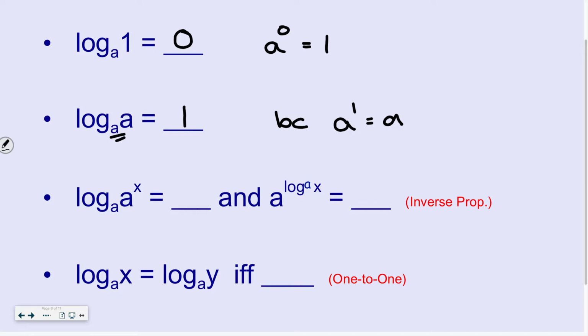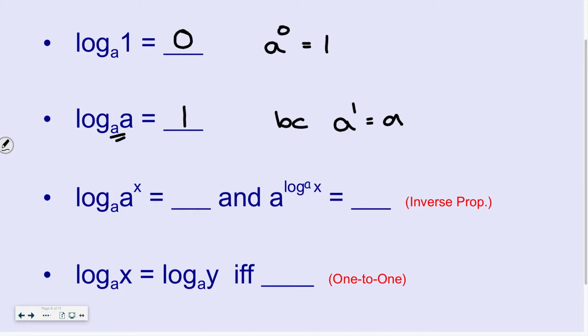I'm going to always go back to the parent graph for a log like I did for exponentials, like I just graphed 2 to the x or 3 to the x. So I'm always going to graph like log base 2 of x, log base 3 of x. And I'm always going to choose for my x's 1 and a, whatever the base is, and 1. And then I'll always get out 0 and 1 for y. So that would be really easy for me to evaluate.